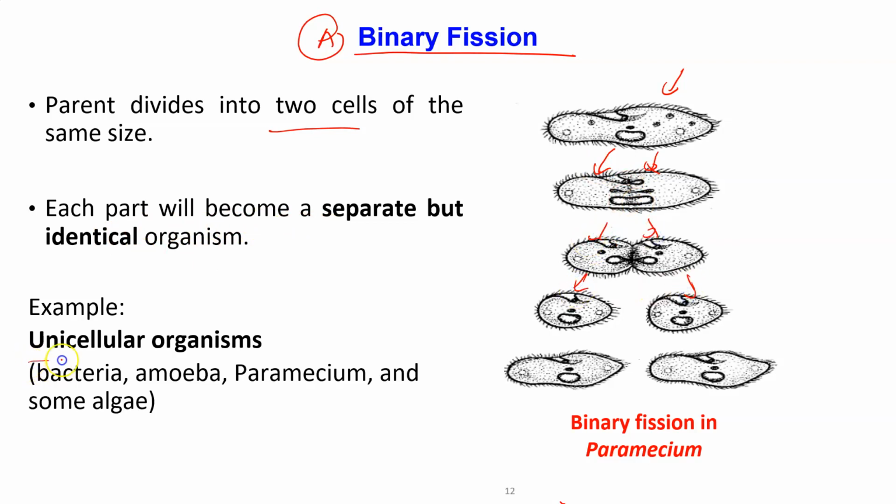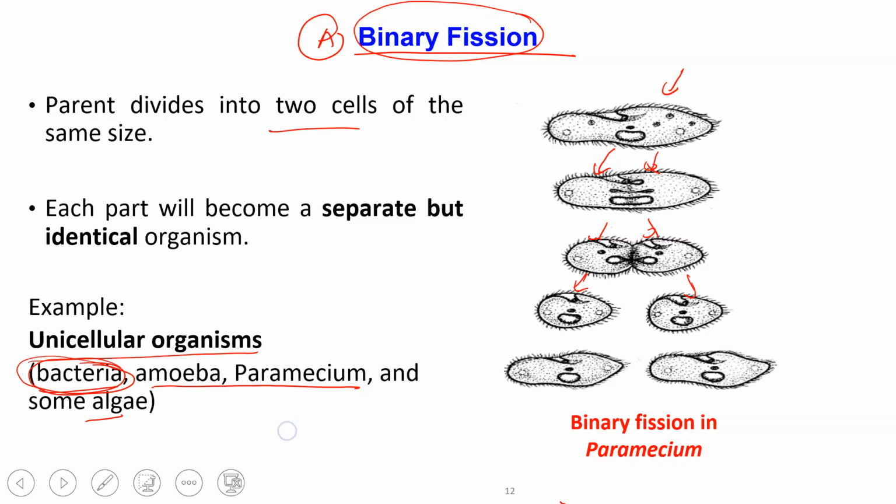Examples of organisms that undergo binary fission are unicellular organisms such as amoeba. Sorry, bacteria. Bacteria are prokaryotes. Amoeba, paramecium, and algae are eukaryotes. So these are organisms that undergo binary fission.